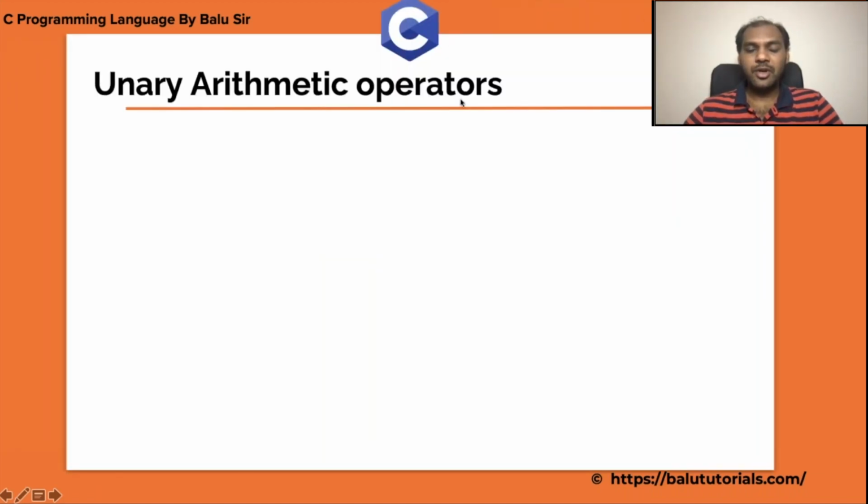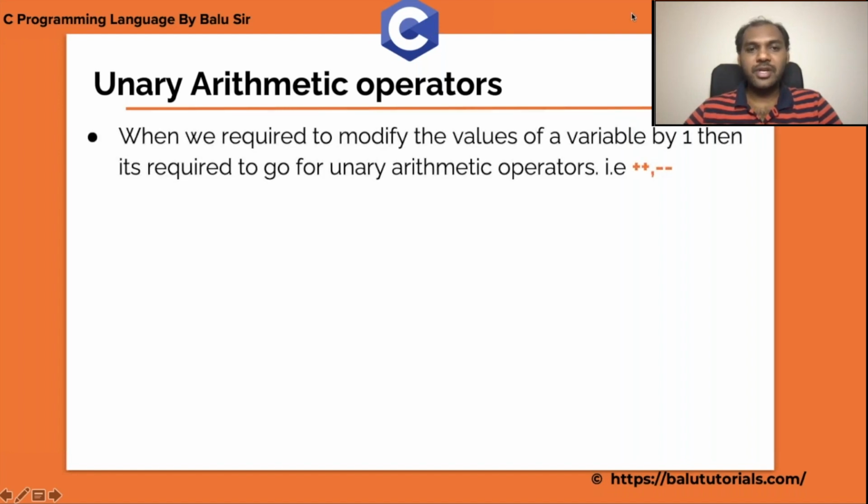Unary arithmetic operators are used when we need to modify the value of a variable by 1, and for that we go for the unary arithmetic operators, plus plus and minus minus. What is the rule?